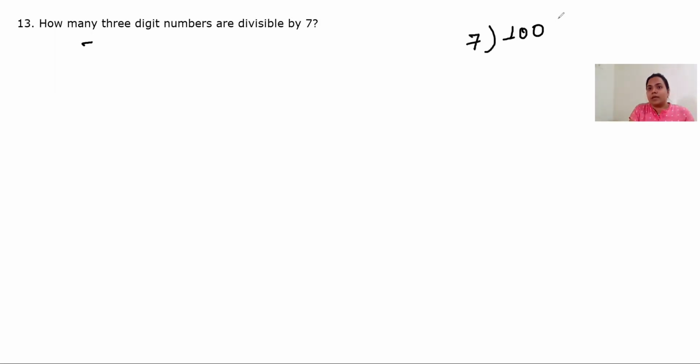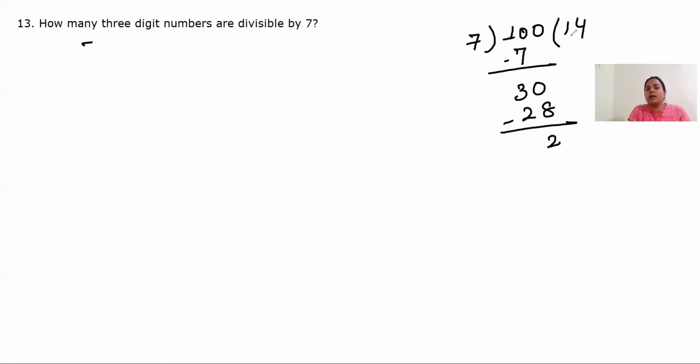We'll divide 100 by 7. 7 ones are 7, 10 minus 7 is 3, 0. 7 4s are 28. If we take 14, in that case the remainder is 2. So we have to take the 15th one. So 7 into 15 is equal to 105.